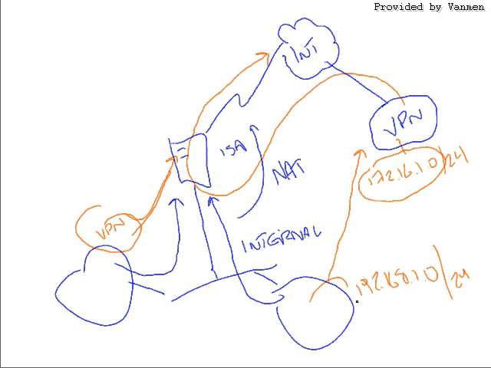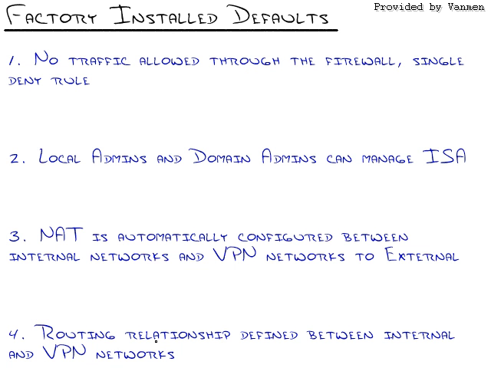And likewise, the VPN guys will see your internal network with their real addresses. You can change that if you wanted to. You can have the VPN networks appear as a 192 subnet or something to that effect if you wanted to. However, normally it's not necessary, which is why that default rule is in place.